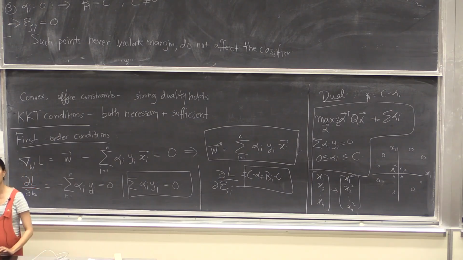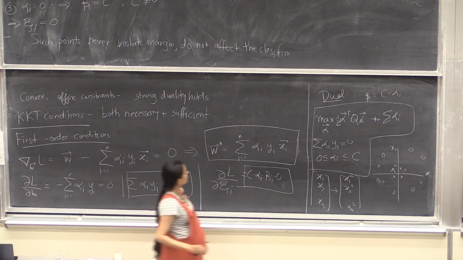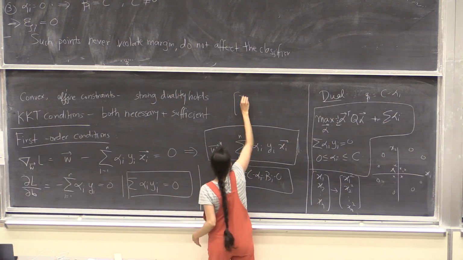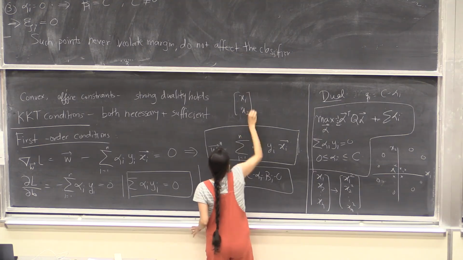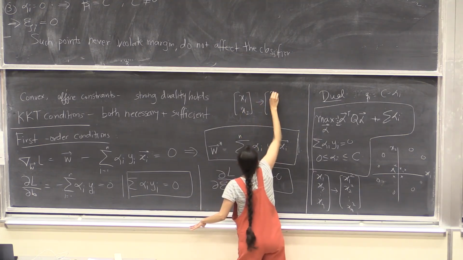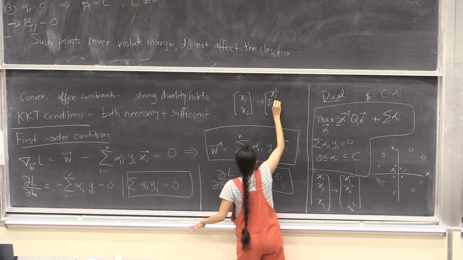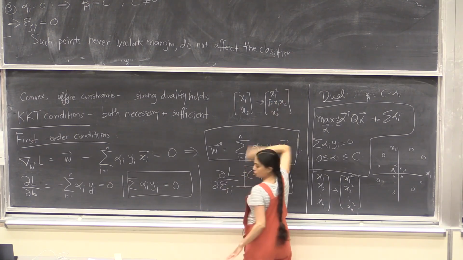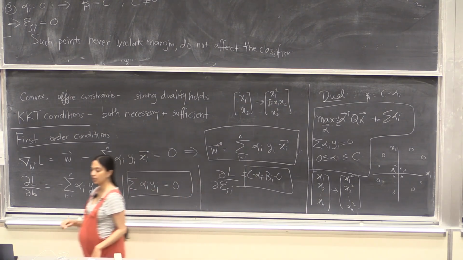So think about, for example, the entries of the feature vector being all degree 2 polynomials of x1 and x2. For example, a common thing to do is if I have this x1, x2, I transform it into x1 squared, square root 2 x1 x2, x2 squared, something like this.